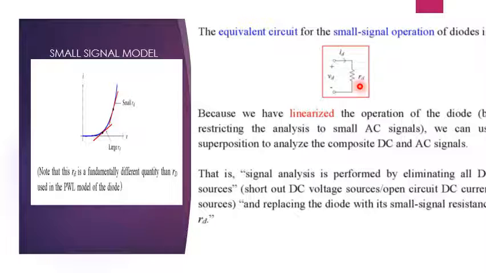What we did is we have completely eliminated the DC source, and we have brought an equation which is nothing but replacing the diode with a resistance. I told you that all passive elements will have linearity characteristics.